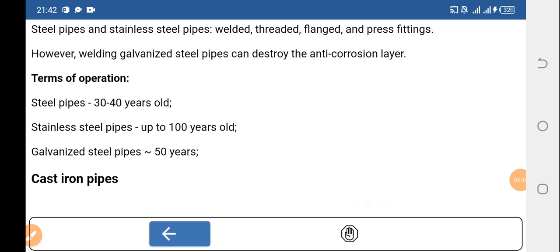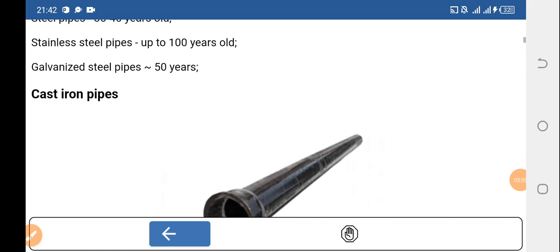Stainless steel is up to 100 years. Galvanized steel pipe is 50 years. So when you look at these materials, they were manufactured many years ago, and they are still there in the system, and they are still manufactured in companies.